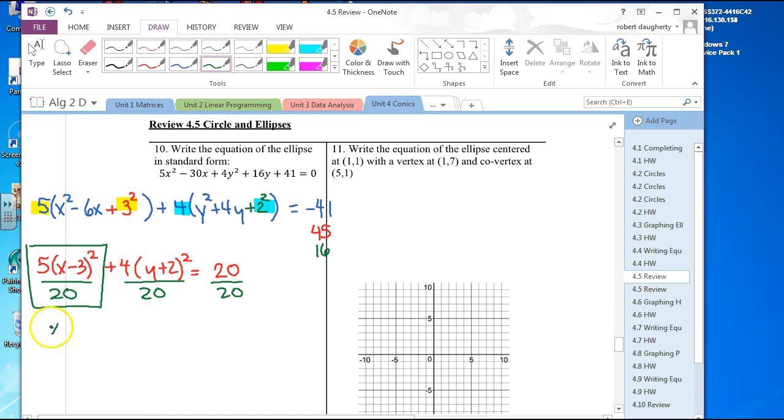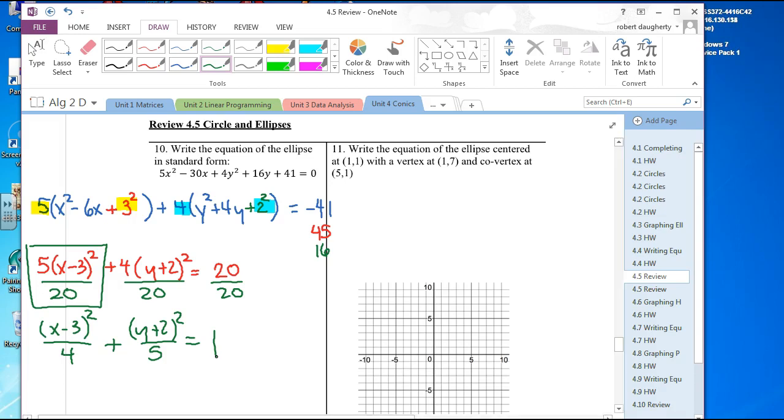So this is (x minus 3) squared over 4 plus (y plus 2) squared over 5 equals 1. And there I'm done. So that is the ellipse with the center at 3, negative 2. And this is a vertical ellipse because the vertical is a larger number in the axis.